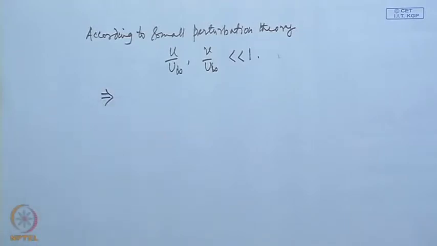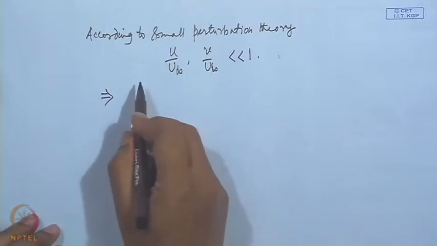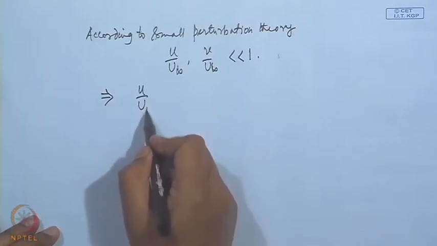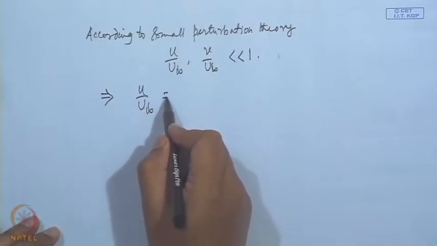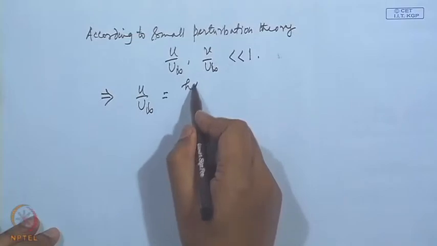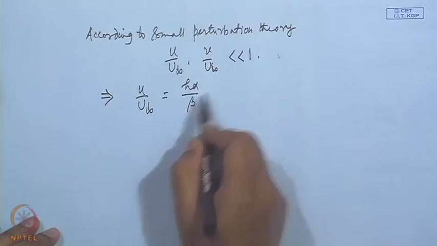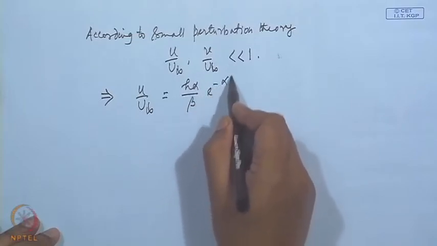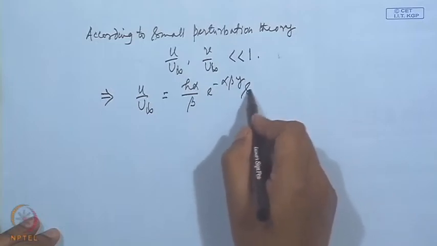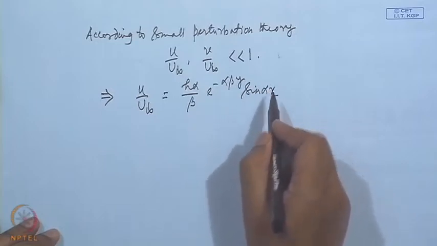Now, looking back to our u by u infinity and v by u infinity, u by u infinity is equal to h alpha by beta e to the power minus alpha beta y sin alpha x.